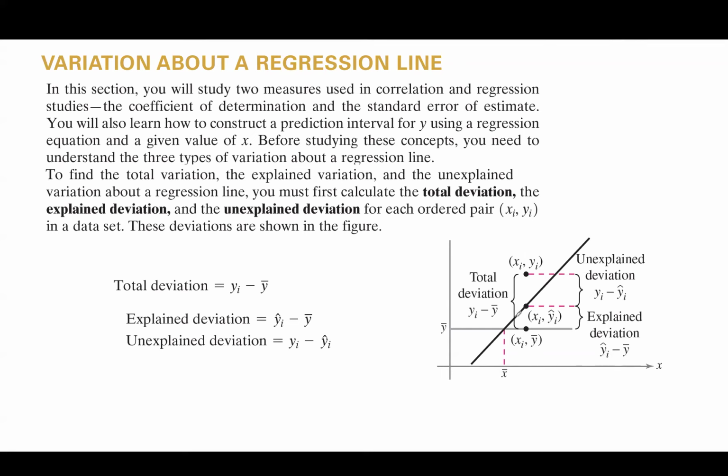This is the distance, or the difference, between the point, the observed y value, and the average y value. So unexplained deviation is yi minus yi hat, and explained deviation is yi hat minus y bar. And if you add these together, you get the total deviation from the actual point to the average y bar.